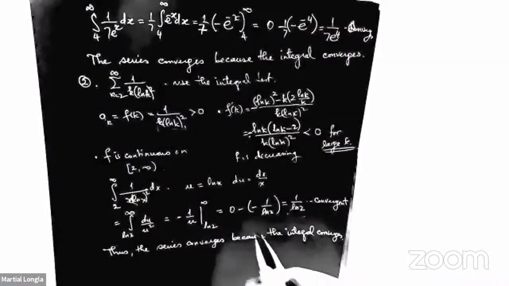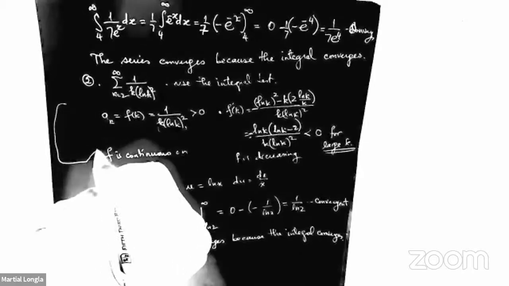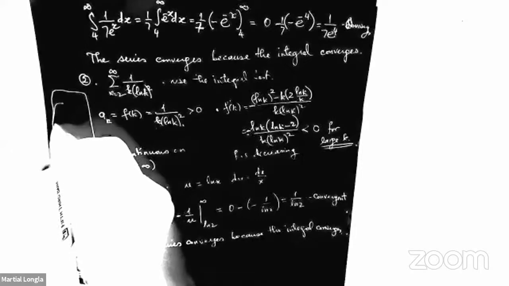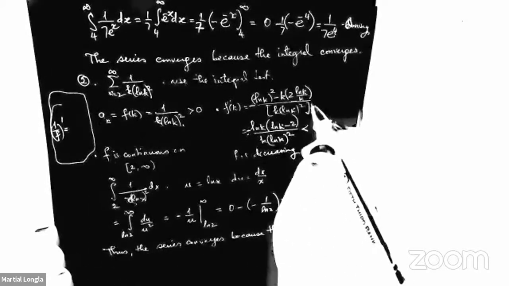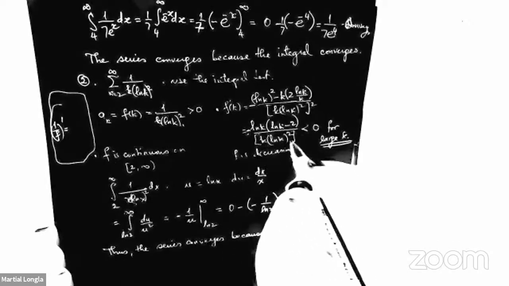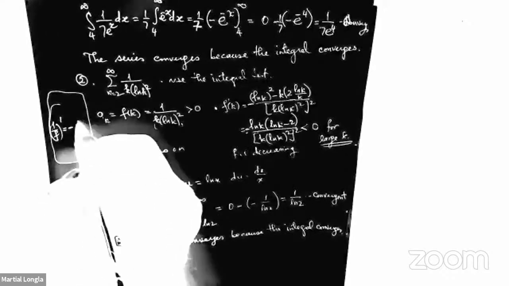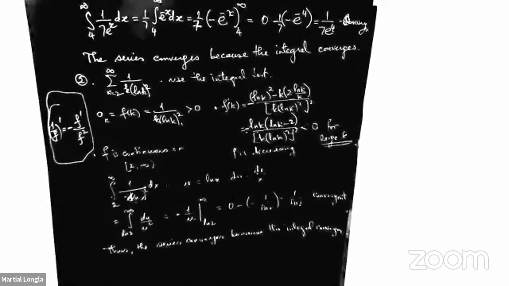The derivative of 1 over f is negative derivative of f over f squared. That's how you take the derivative of the inverse of a function.